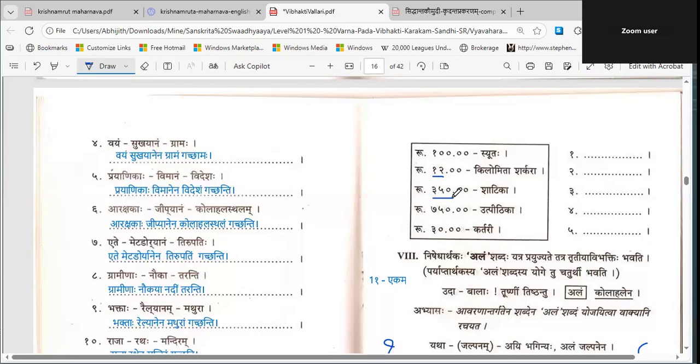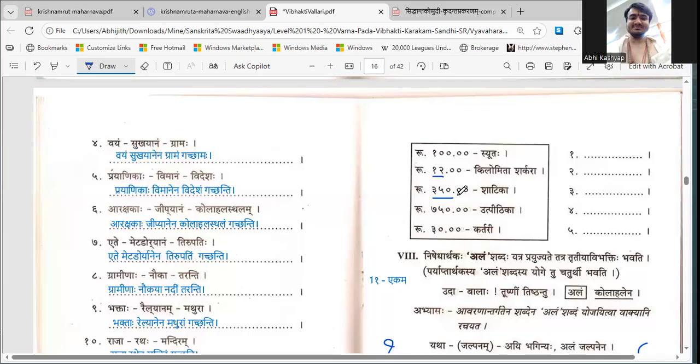Panchatrinshat. No, this is 350. Yeah, 350. Any idea? सार्धत्रिशतरूप्यकैः. Sardha is half. So Sardha, Sa Ardha. Either we can say it is half exceeding the limit.